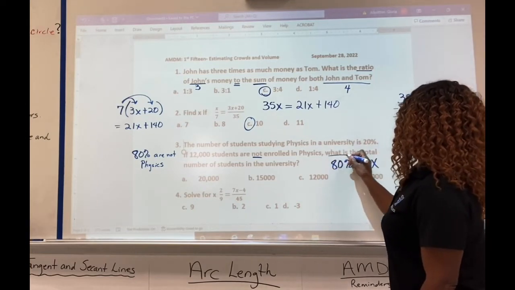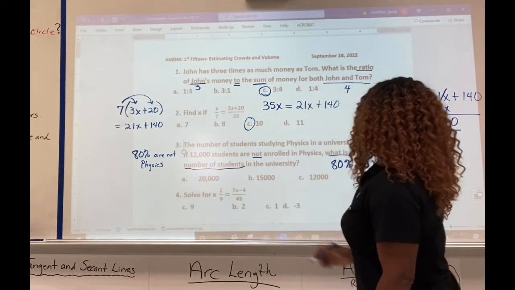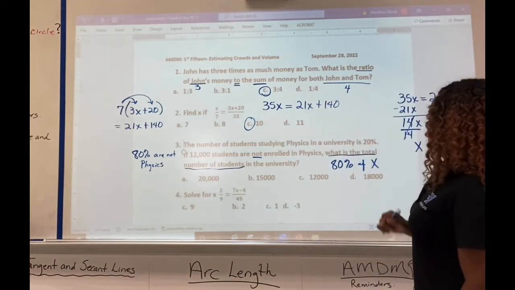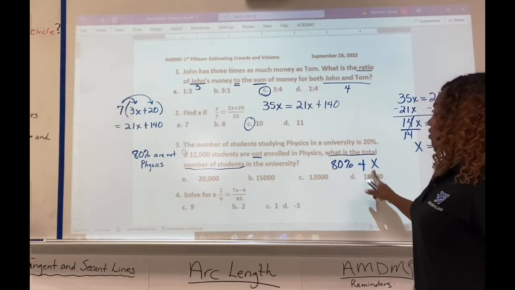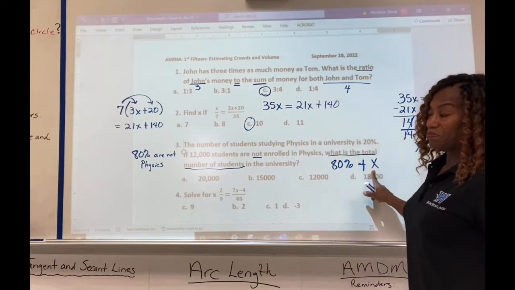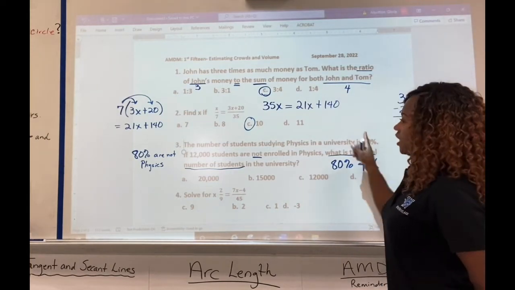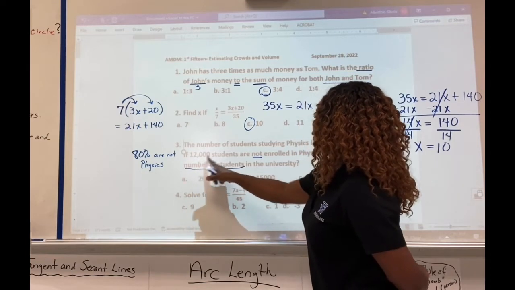We want to know the total number of students. So 80% of the total number of students are not taking physics. Remember, if 20% are taking it, 80% are not. And then it says 12,000 are not.